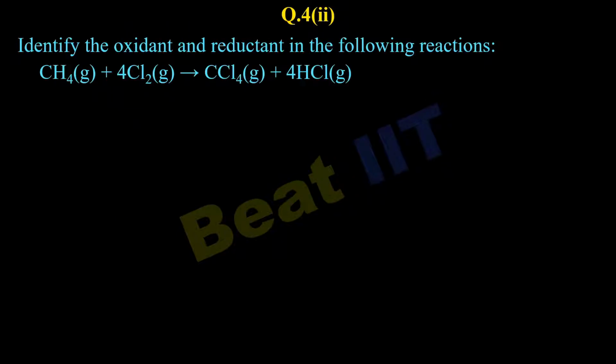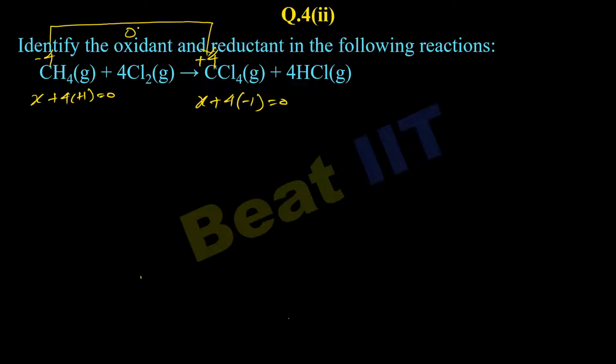Next, identify the oxidant and reductant. Again, calculate the oxidation number. Here oxidation number of carbon will be x plus 4 times plus 1 equals 0. So it will be -4. Here carbon's oxidation number will be x plus 4 times chlorine, minus 1, equals 0. So x will be +4. It means this is the oxidation half.